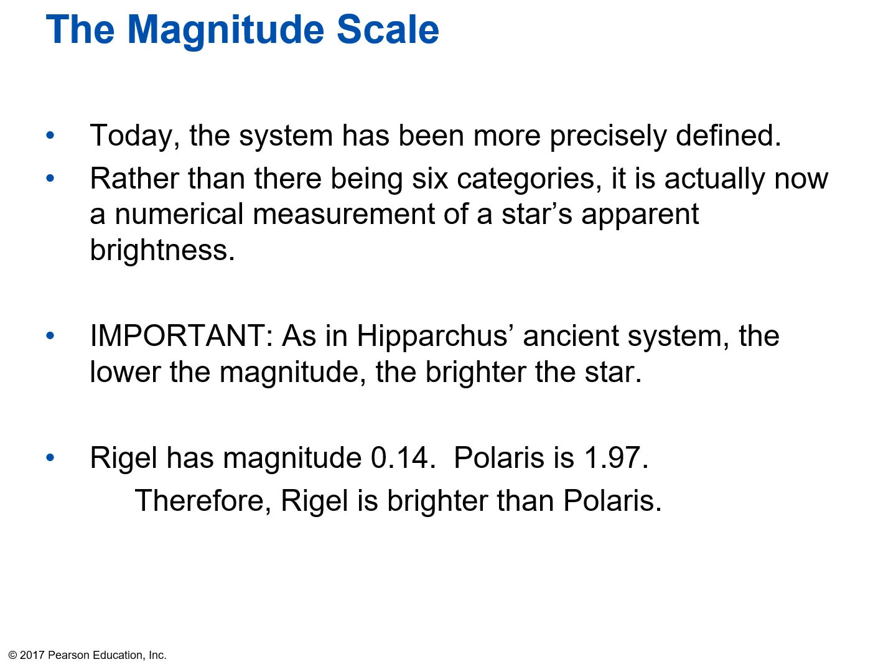As I said a minute ago, just like in Hipparchus's system, the lower the magnitude, the brighter the star. So for example, Rigel has a magnitude of 0.14. Polaris, the North Star, is 1.97. And so just based on those numbers, the lower number, Rigel, means it's brighter than Polaris.